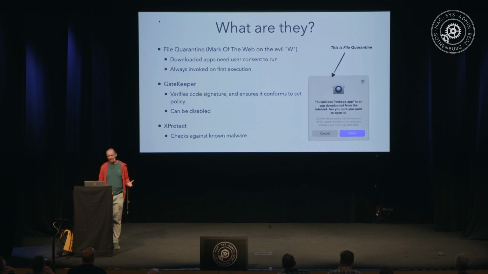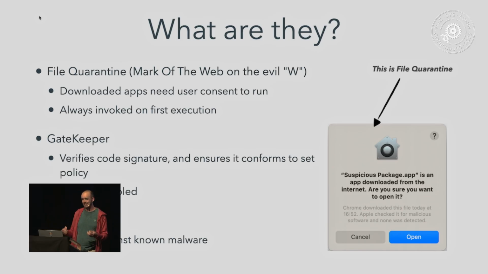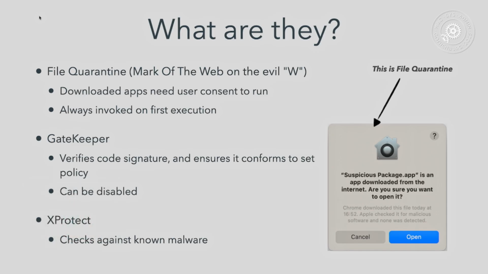So what are these? File quarantine is basically when you download an application from the internet, the operating system will ask you for user consent to run that application. It's called mark of the web on the OS which shall not be named here. We also have Gatekeeper, which comes after file quarantine or together with it. This is the functionality where it actually verifies the code signature of the application and ensures that it conforms to the policy configured by the user.